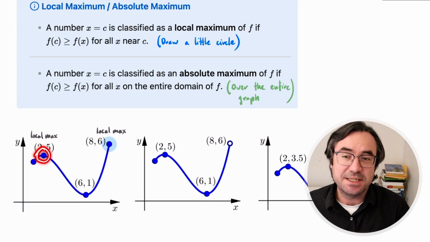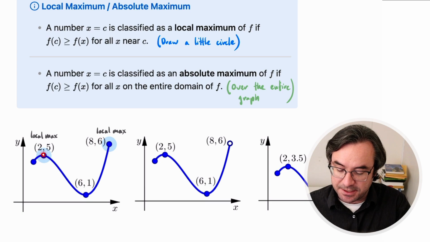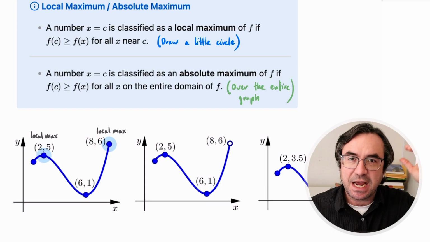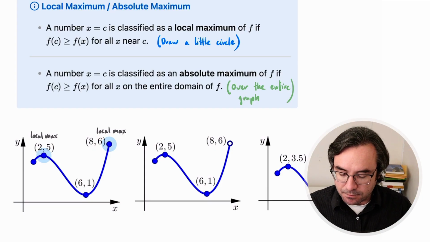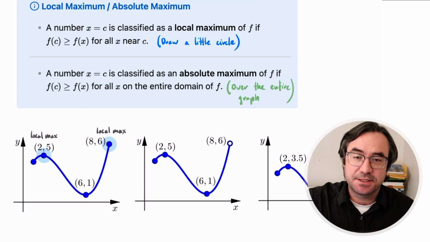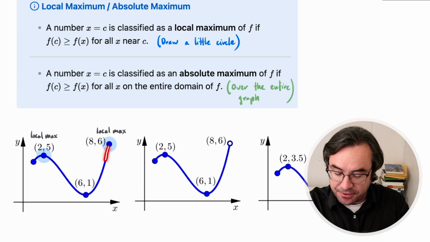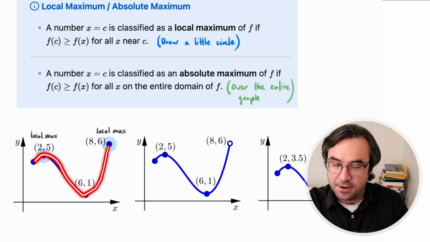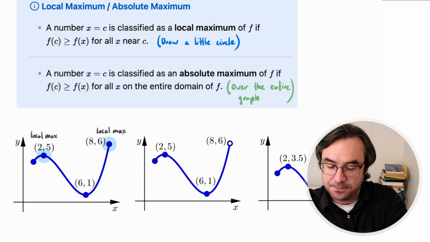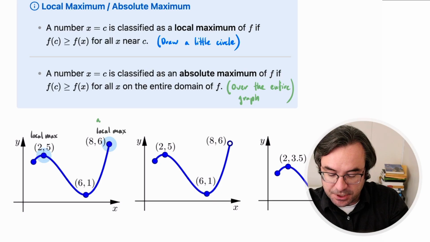So this is not an absolute max because over here I have points that are bigger. But this point is an absolute max because if I scan through the entire graph, no other point is going to be that tall. So this is going to be an absolute max as well.